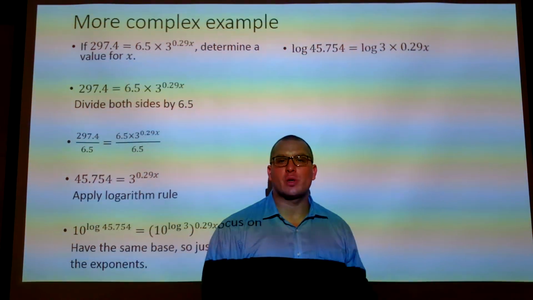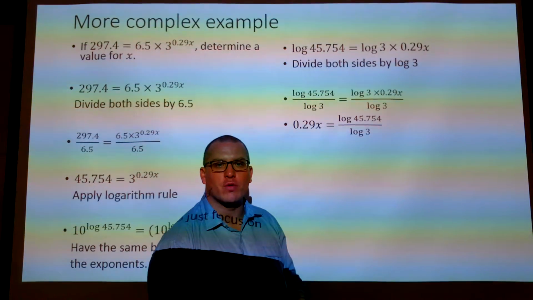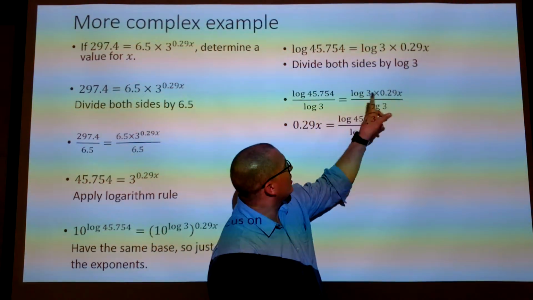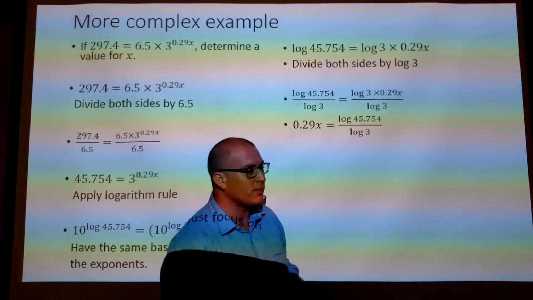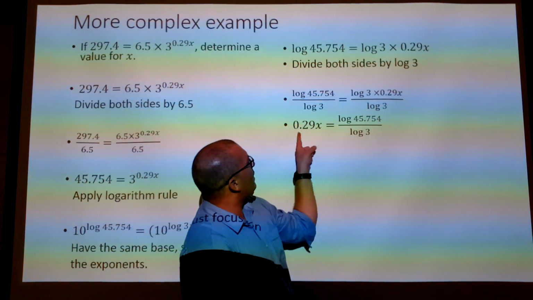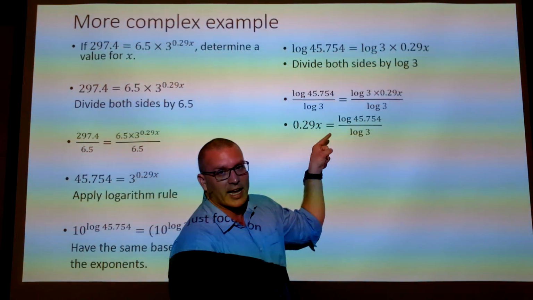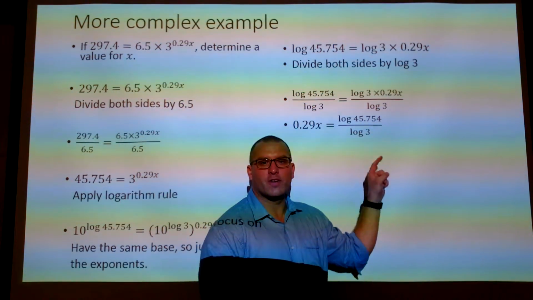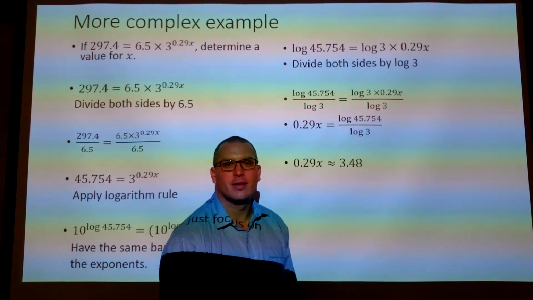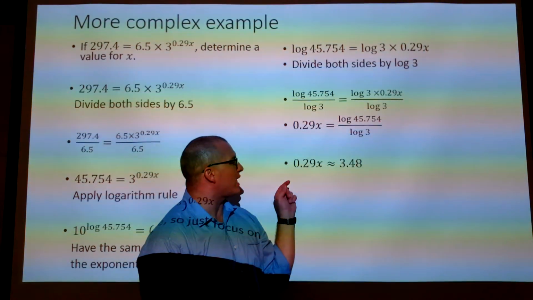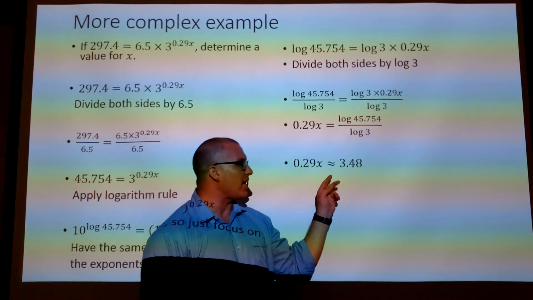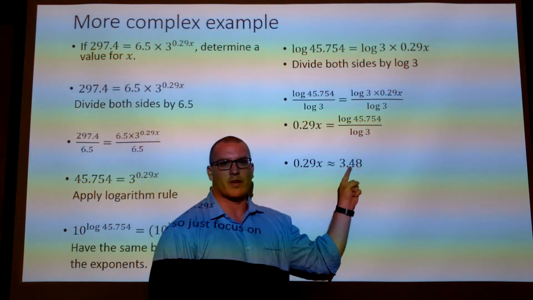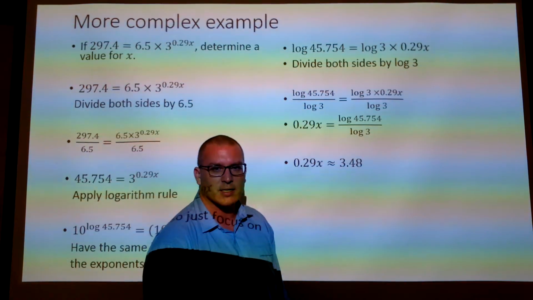Now, I divide through both sides by a value of log 3. So over here, log 3 divided by log 3 is 1. So all I'm left with on this part is 0.29x, equal to log of 45.754 divided by log 3. So this whole thing now comes out to 0.29x is approximately equal to 3.48.